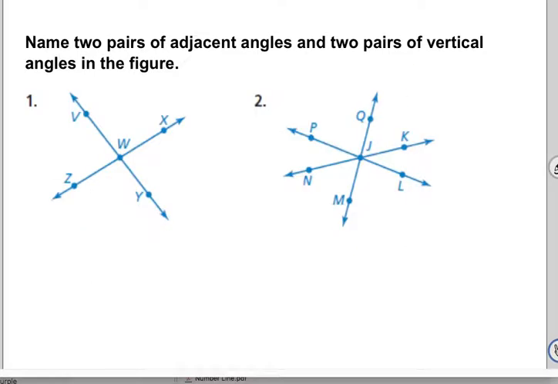You find them. Put it on your whiteboard. I want two pairs of adjacent angles on number one.